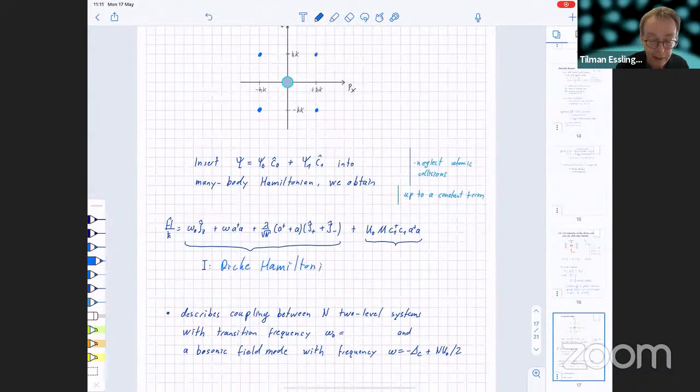And then we have, in addition, a little bit of a dispersive shift, which is like a constant, which just causes an overall offset, okay?